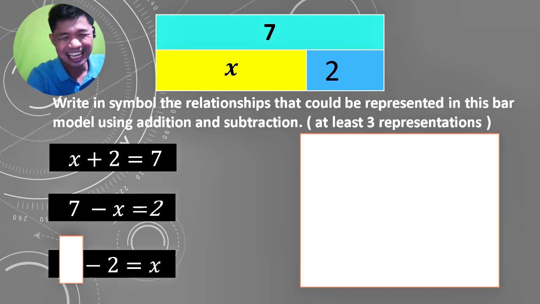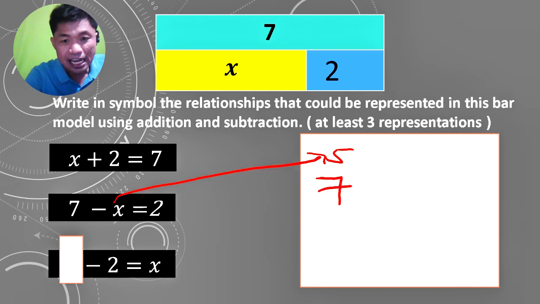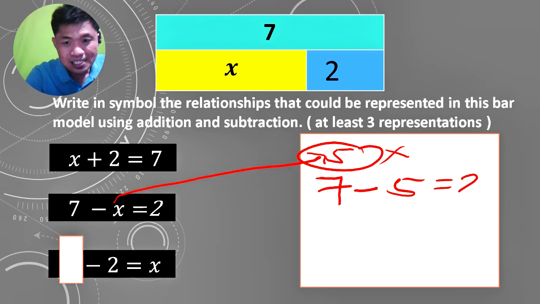Yes, easy. It's 5. 7 minus 5 equals 2. So we have now, if x in this one is 5, 7 minus the x, 5, equals 2.